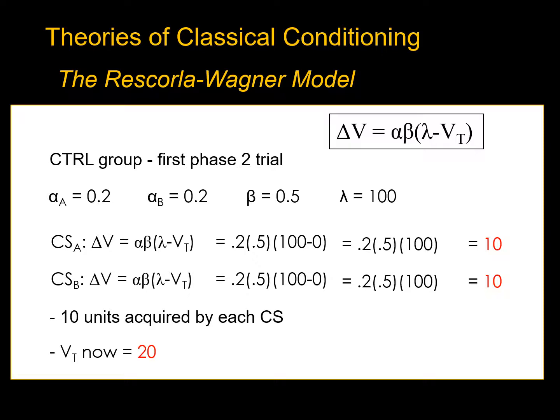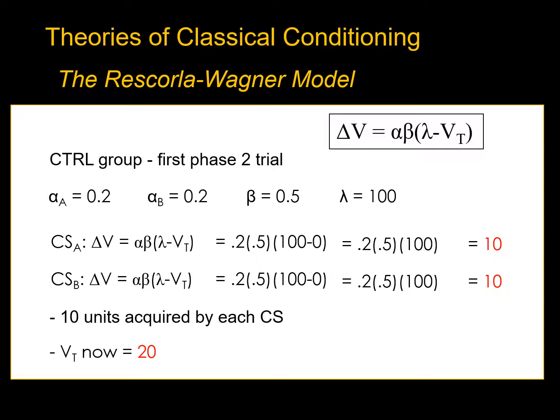Now here's where you've got to remember to add things together. Out of that 100 units of associative strength that this US will support, we've used up 20 of them in total, 10 for each CS. So depending on the particular question you're being asked, you need to be careful about your arithmetic here to some extent.